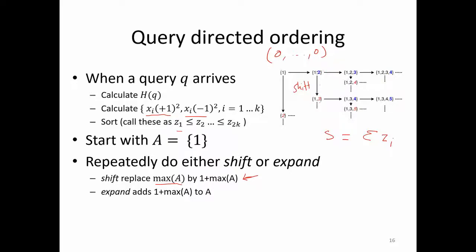At the same time, this is an expand operation, which is just adding 3 to the existing set. In this manner it generates the buckets with ever increasing score.